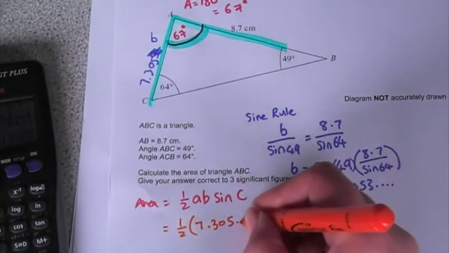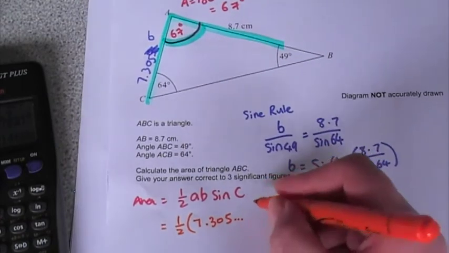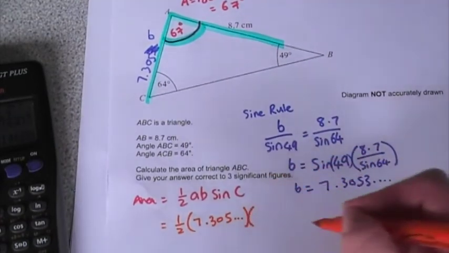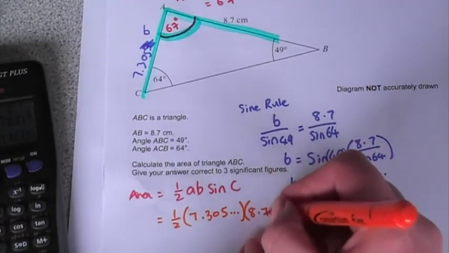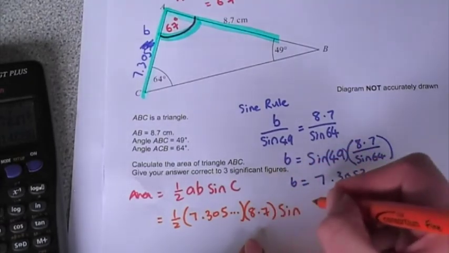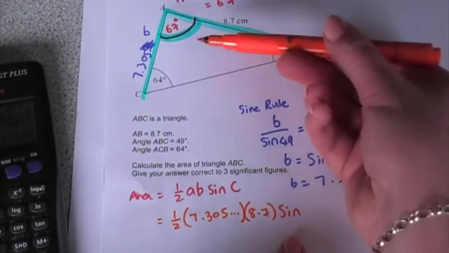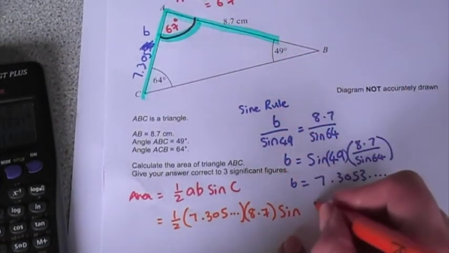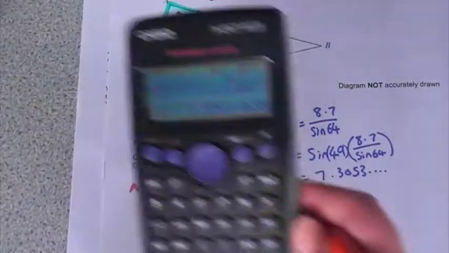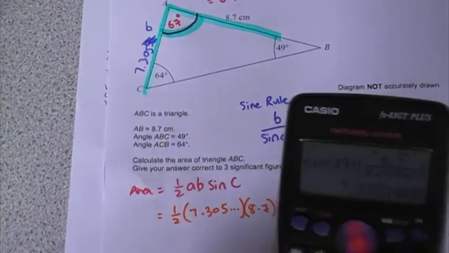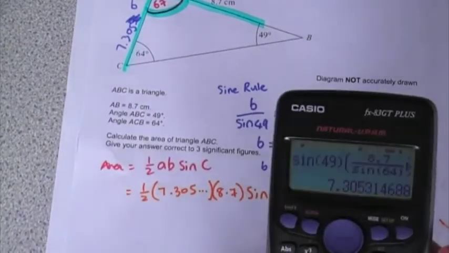7.305... because I'm just going to leave that on my display, multiplied by, so another bracket, 8.7 sine of C, and the C I'm using is there, which I just found to be 67 degrees. That would be in a bracket on the calculator. So there's my previous answer that I left on there.